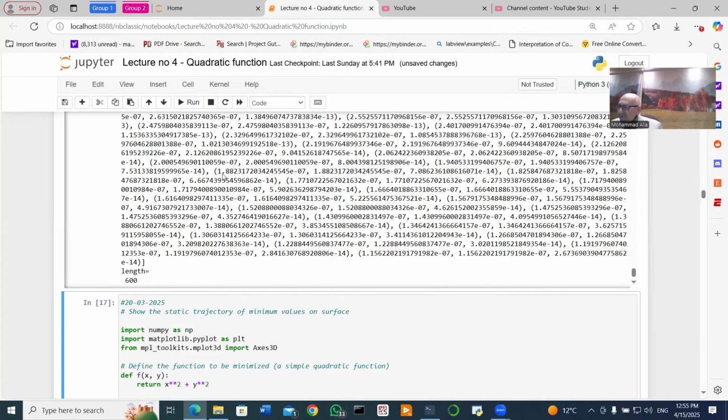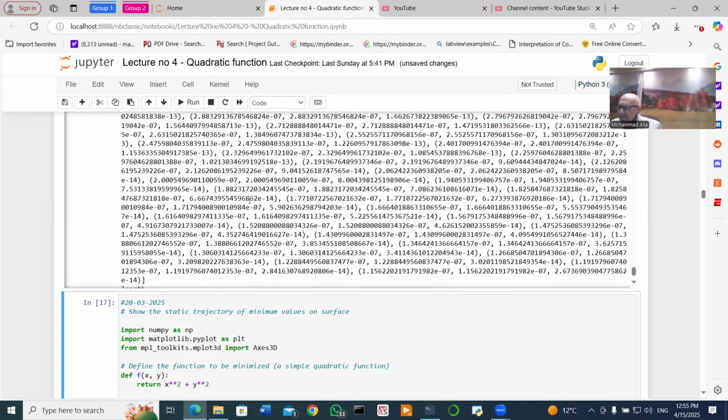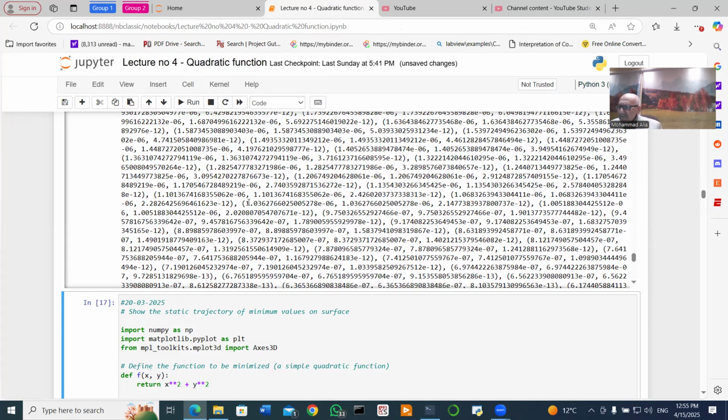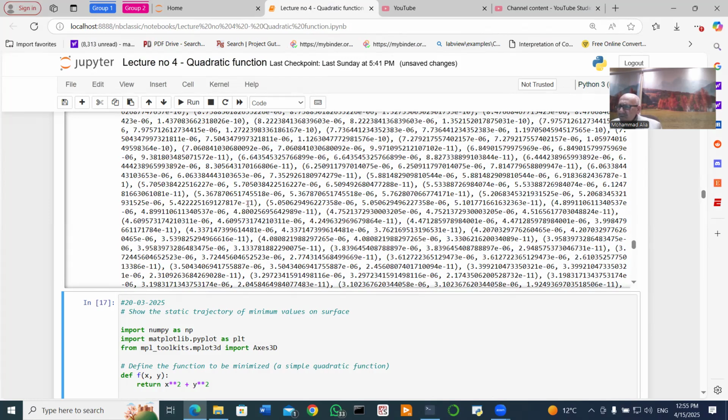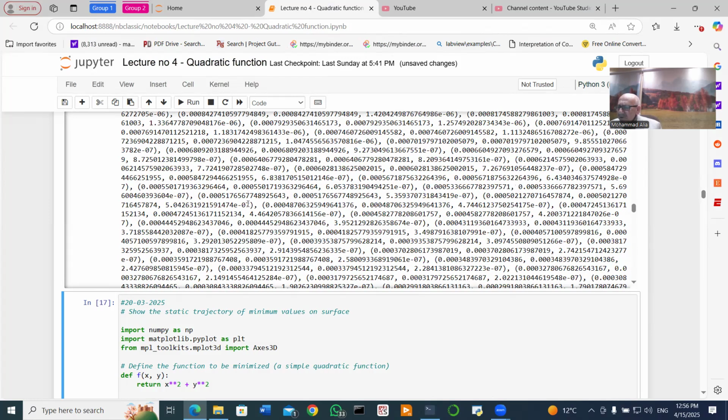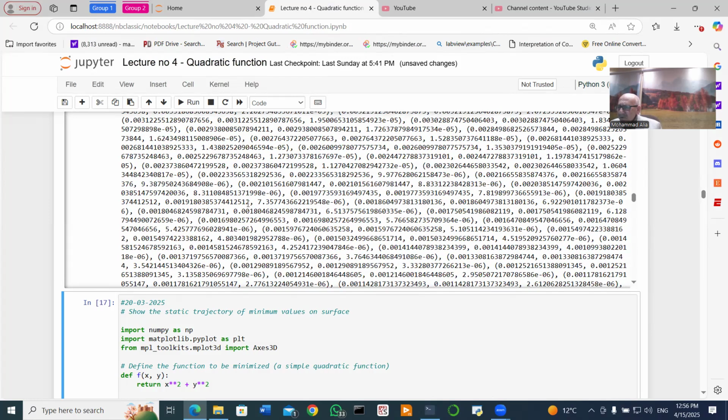So really we have here 600 repetitions, 600 iteration values, 600 values for x, 600 values for y, 600 for the function itself. And these values are changing from the highest value to the lower value until we come to the minimum.